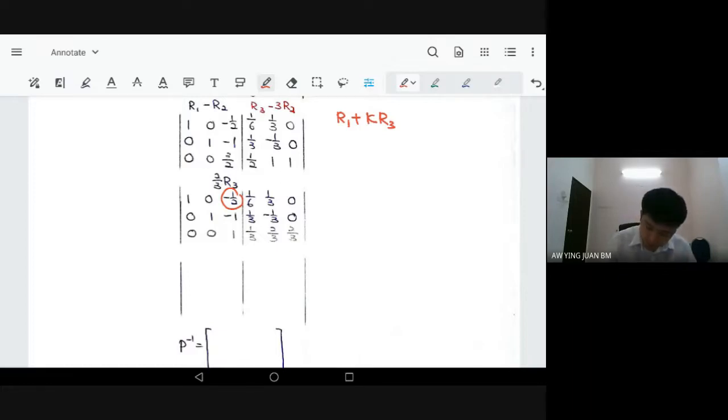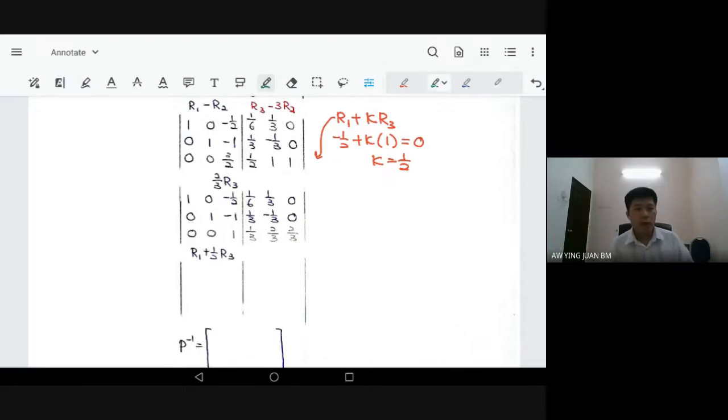So kindly substitute. We have negative 1 over 2 plus K multiply with R3, we have 1. Objective is to obtain 0. So K is equal to 1 over 2. So kindly substitute the formula. So here we have R1 plus 1 over 2 R3. So that will be the situation.